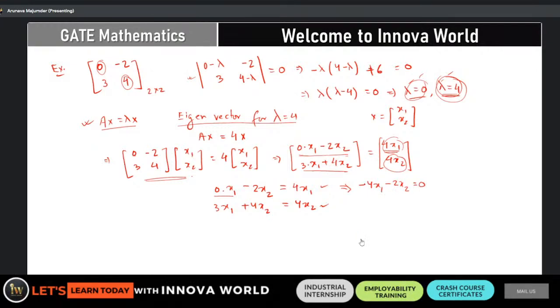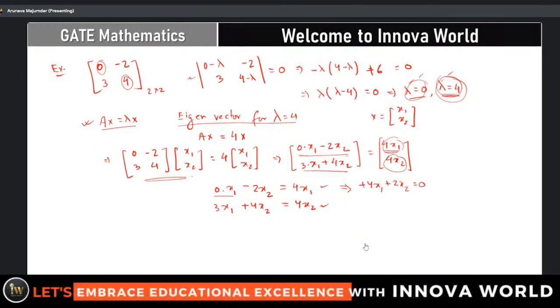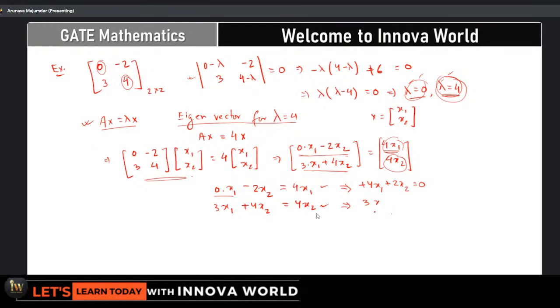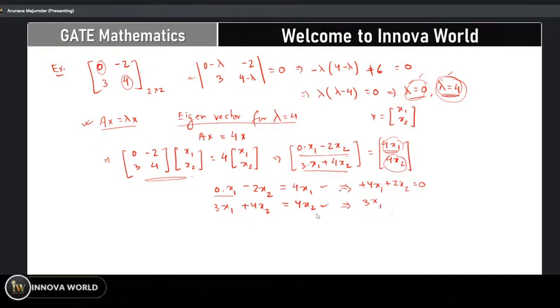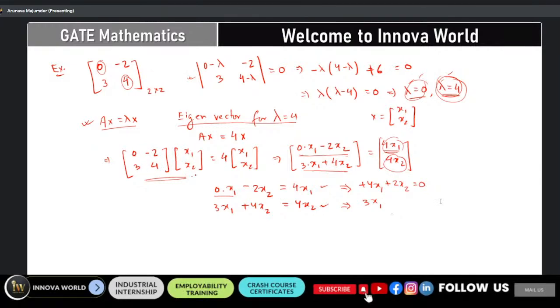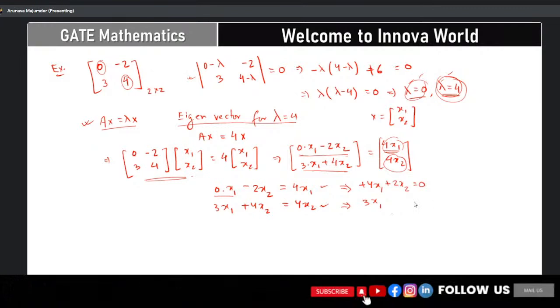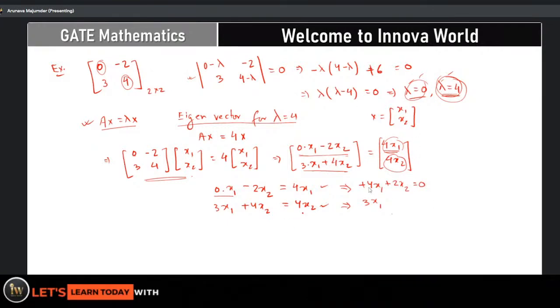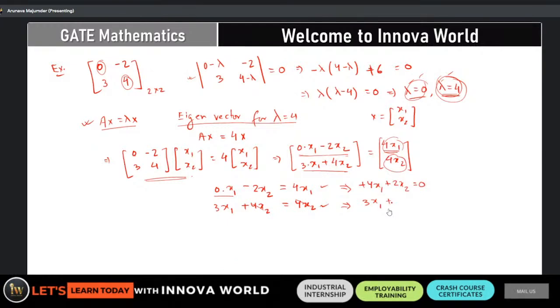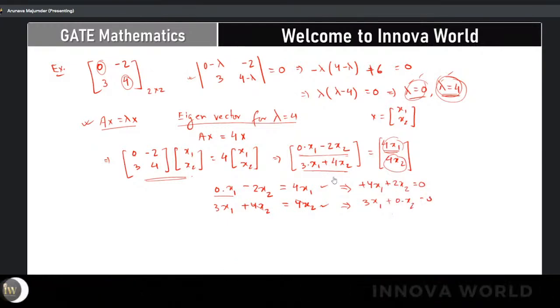From the second equation, 3x1 plus 4x2 and 4x2 will be nullified on both sides, so 0 into x2 is equal to 0.